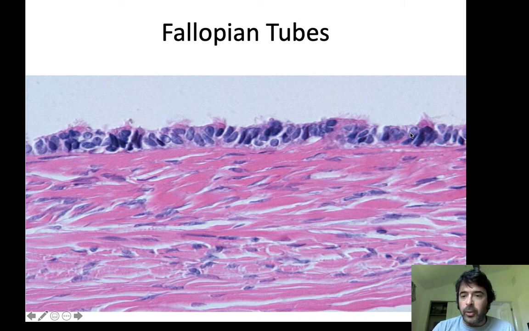So lining the fallopian tube, we have these secretory cells. Secretory cells produce fallopian fluid, which is the fluid you actually find in the tube. And then you have these ciliated cells, and the cilia actually rhythmically contract in order to propel the fluid through the fallopian tube. And again, remember that that fluid is sometimes carrying an ovum or an egg, and that's what propels that ovum or that egg through those fallopian networks.